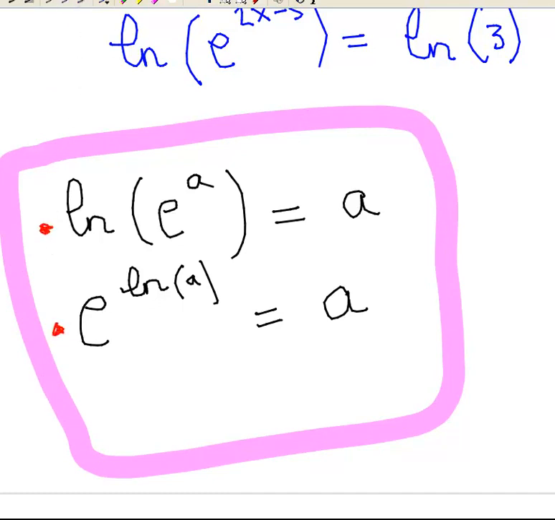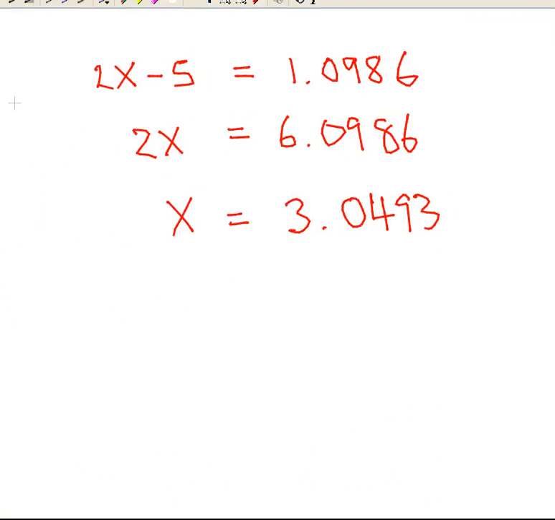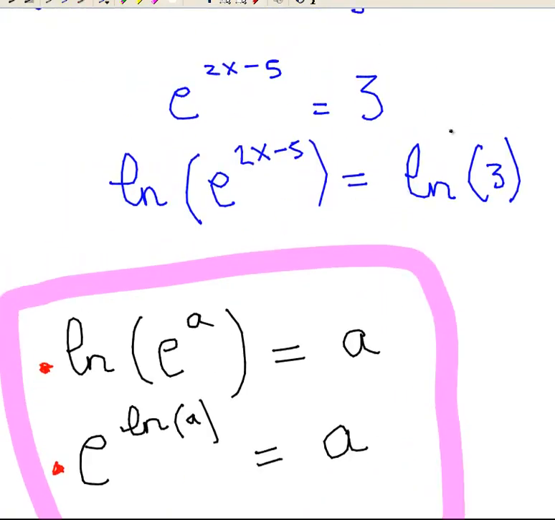So what we're going to do here is the natural log of e to the 2x minus 5. Essentially that can be resolved down to 2x minus 5, and that's the natural log of 3. Working that out in the calculator, we get 1.0986.